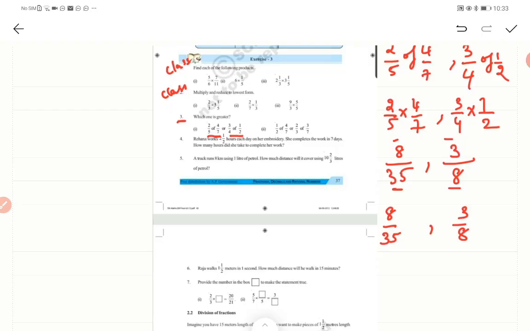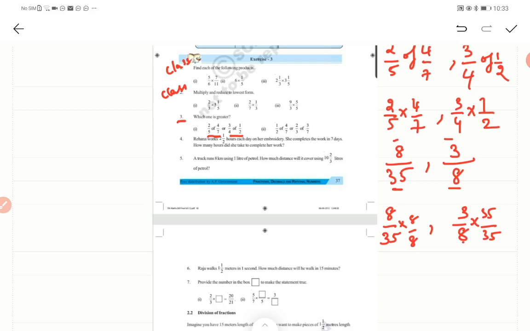So to make this 8, do you have any number in 35 in the 8 table? 8 4s are 32, 8 5s are 40, so you don't have 35. So what the solution is, you need to multiply this with 8 and this with 35, isn't it?